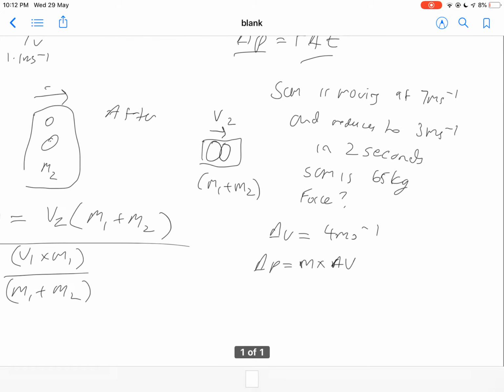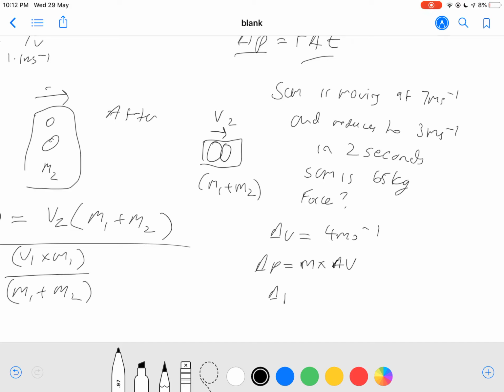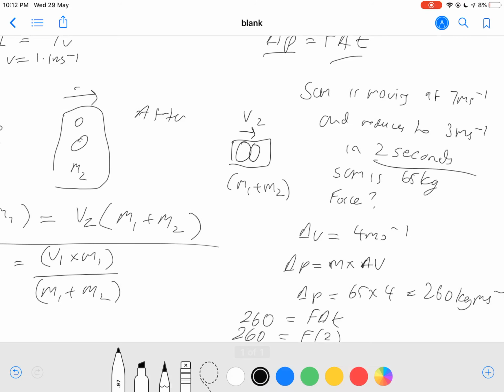So change in p equals 65 times 4, which gives us 260. So 260 equals F times change in time. Change in time is 2 seconds, so 260 equals F times 2. Therefore F equals 130 newtons.